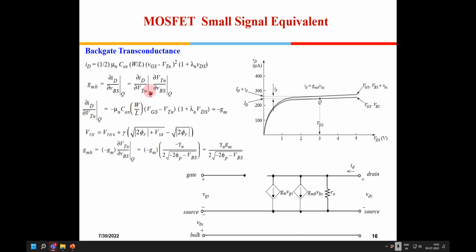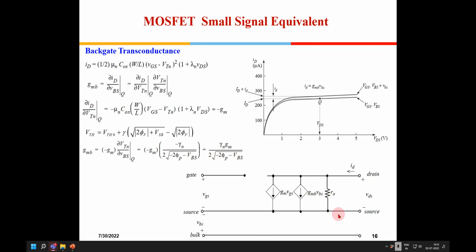So this is I_D with respect to the backgate. There is no V_SB given directly in this equation, so I am first differentiating with respect to V_TN, and then differentiating V_TN with respect to V_SB. If I do that differentiation in 2 steps, I will get the value of g_mb as this equation.